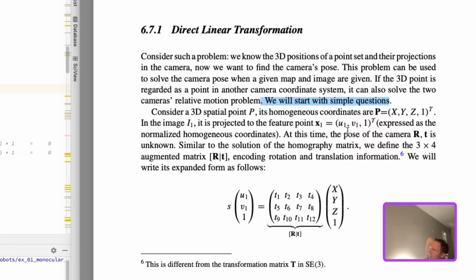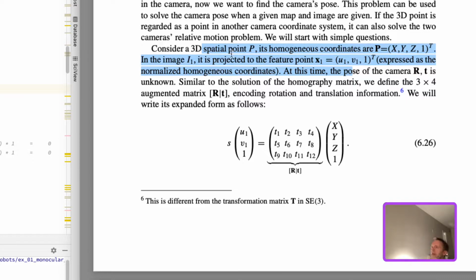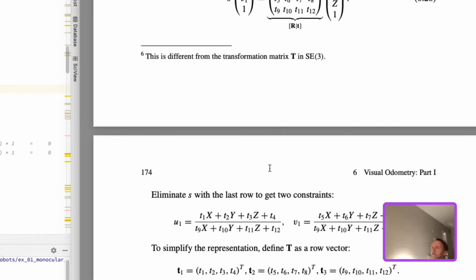So, we have a standard equation. We don't know R and t. We have 12 parameters we need to estimate. Do we know s though? We do not.